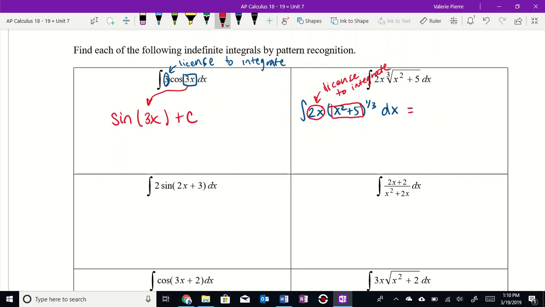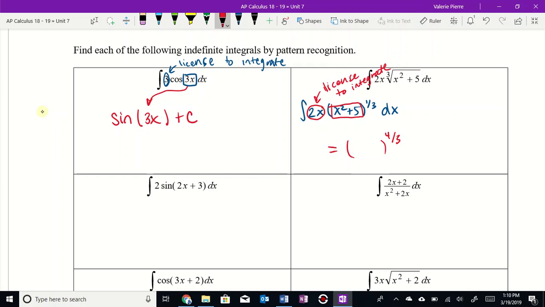Okay, so what that means is we want to find the antiderivative of something to the 1/3. Right? This is in polynomial form, so we know that we're going to add 1 to my exponent, so I have 4/3, and we're going to divide our previous constant by our new exponent.